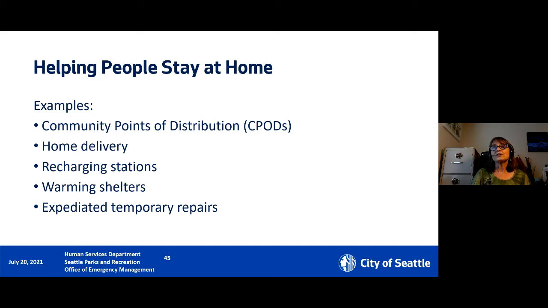Providing home delivery of food, water, and medication or other supplies or assistance for people who cannot go out and procure them. Creating recharging stations. These are sites where devices can be recharged. Opening warming shelters. These can also be sites such as libraries and community centers. And expediting temporary repairs and providing tarps.